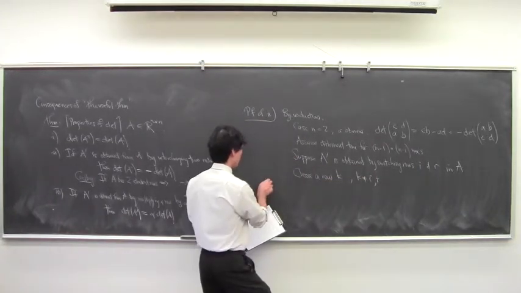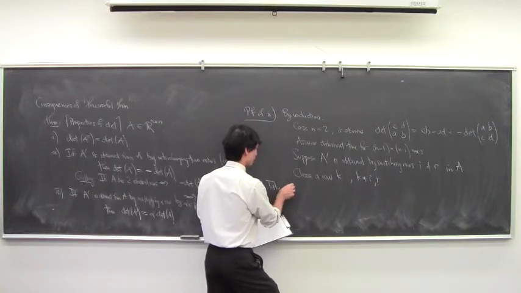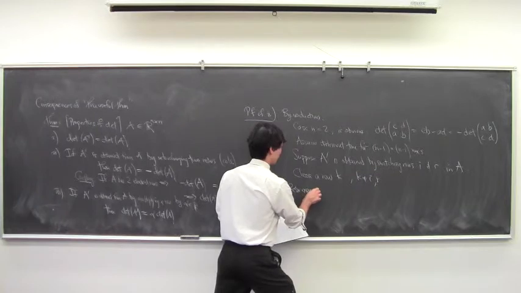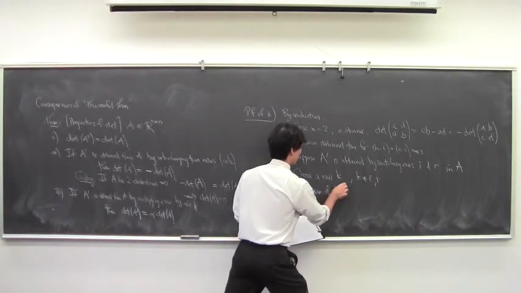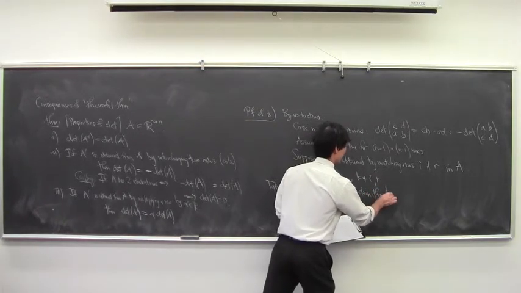So take the expansion of det A prime down the kth row.